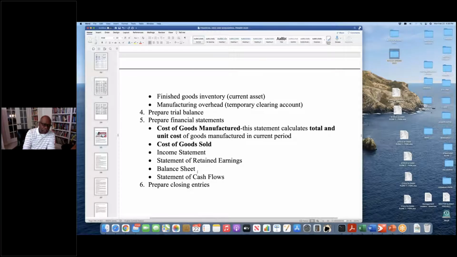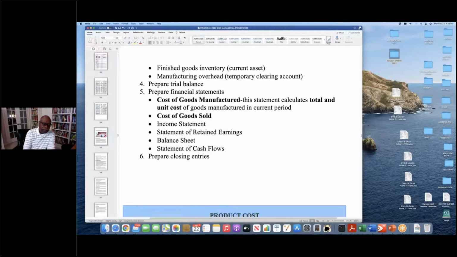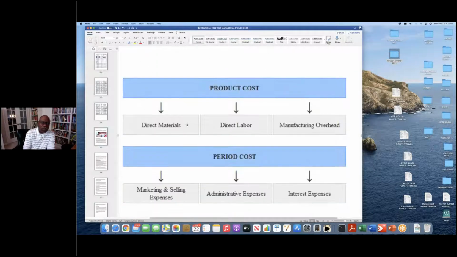We still do these things, but now we have to account for the manufacturing part of it. There are three product costs: materials, labor, and overhead. These go into the cost of the product. Then you have your period costs: marketing and selling, administrative expenses, and interest expenses.